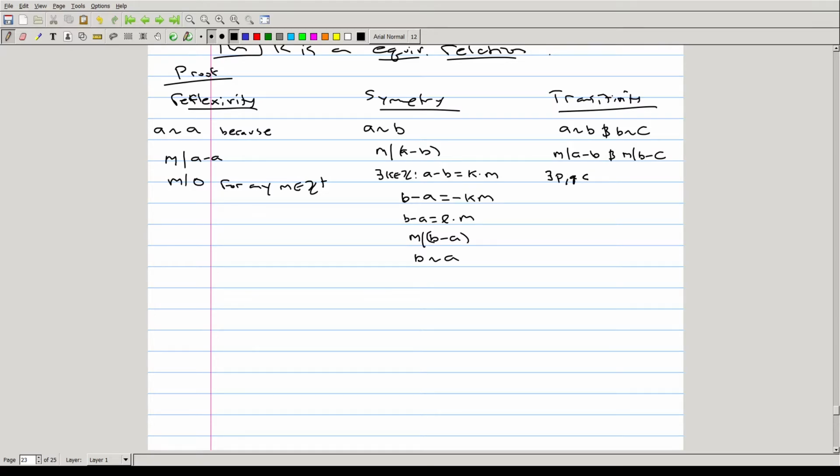So there exist P and Q in Z such that A minus B is equal to P times M and B minus C is equal to Q times M.